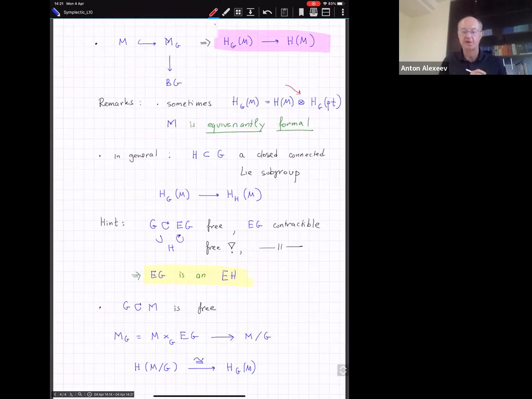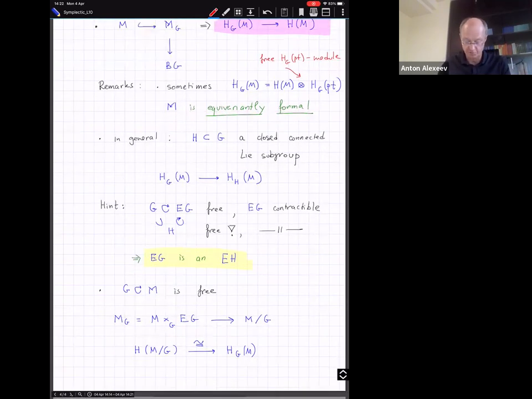Equivariant formality says that this is a free H_G of a point module, right? Because we can choose a basis of H of M. If M is sufficiently nice, H of M is finite dimensional, and then we just tensor by H_G of a point, and we have a free module over H_G of a point.